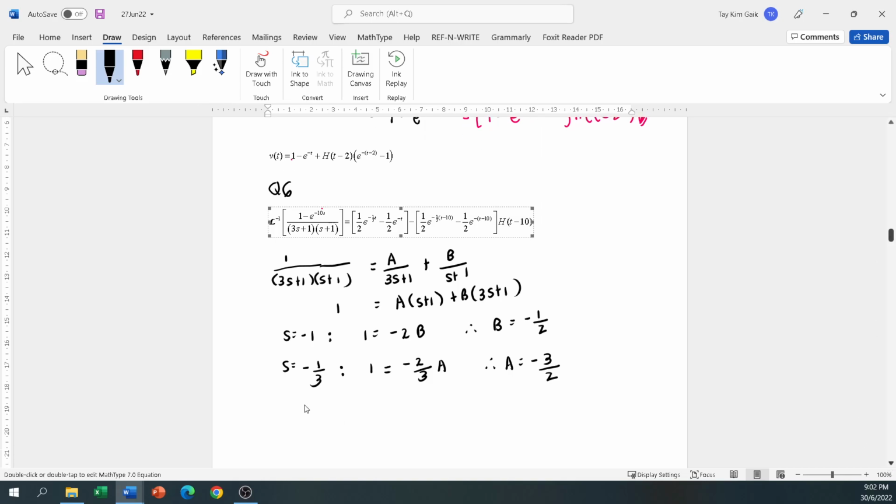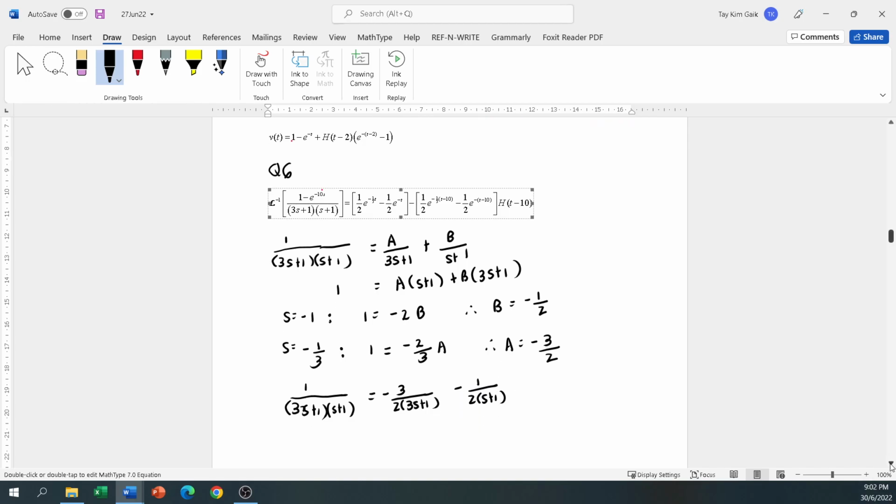Then the partial fraction for 1 over (3s plus 1)(s plus 1): A is negative 3 over 2, you get 3s plus 1, and B is negative half, multiplied by s plus 1.